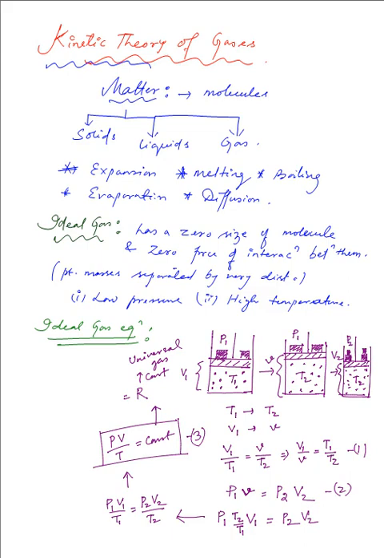So in that case we have the value of R, and that is equal to 8.311, the unit being joule per mole per Kelvin. That's the value.